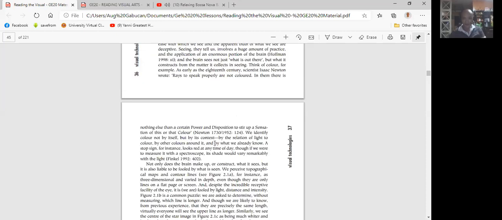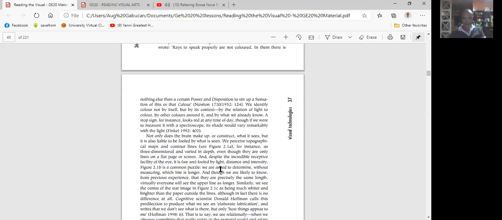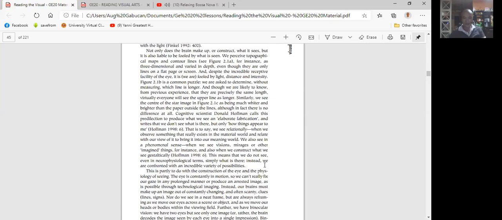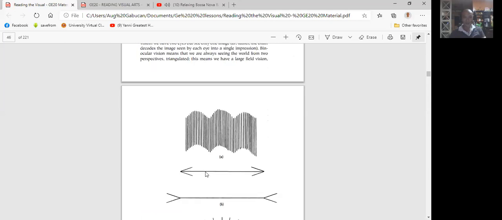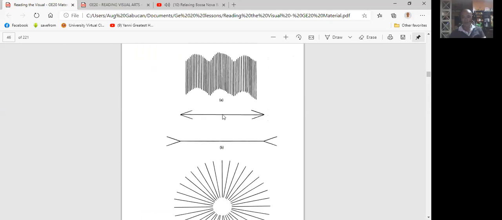Okay, so moving on. Despite the incredible receptive facility of the eye, it is fooled by light, distance, and intensity. So look at figure 2.1, it's a common puzzle. Look at this. Which one is longer, this line or that line? Ignore the arrows, just the line. At first glance, what do you think is longer?